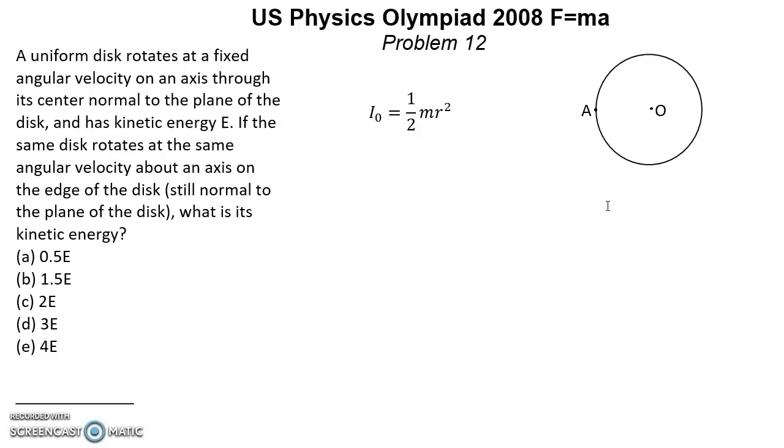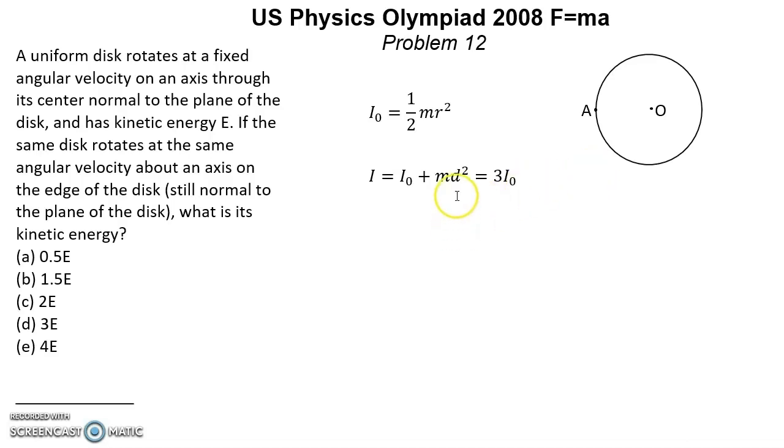But on the other hand, if this disk rotates around a point at some distance d from the center of mass of this disk, we use the so-called parallel axis theorem, which states that moment of inertia equals moment of inertia around the center of mass plus md square, where d is the distance between the center of mass and the point of rotation.